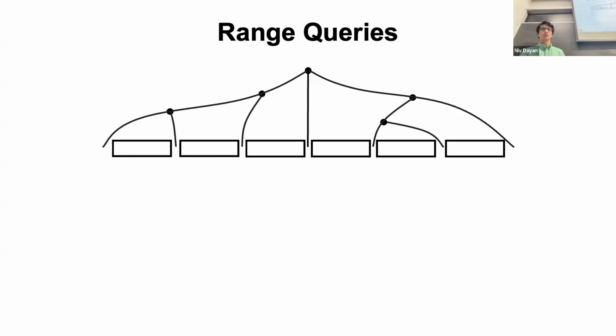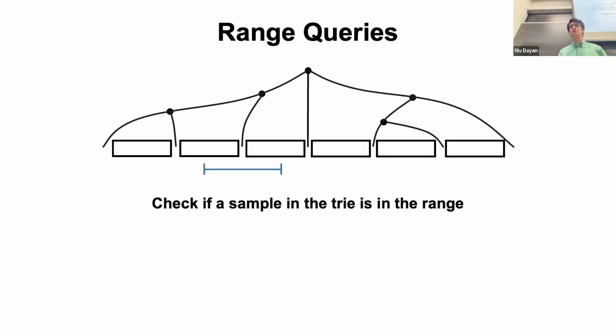So let's have a quick look at how this structure is going to let you handle range queries. If you get a range query like this one, the first thing you do is check if a sample in the trie is in the range. Because the sample trie is storing the exact samples and you have the exact representation of the queries, you can check if this exists or not without any approximation.